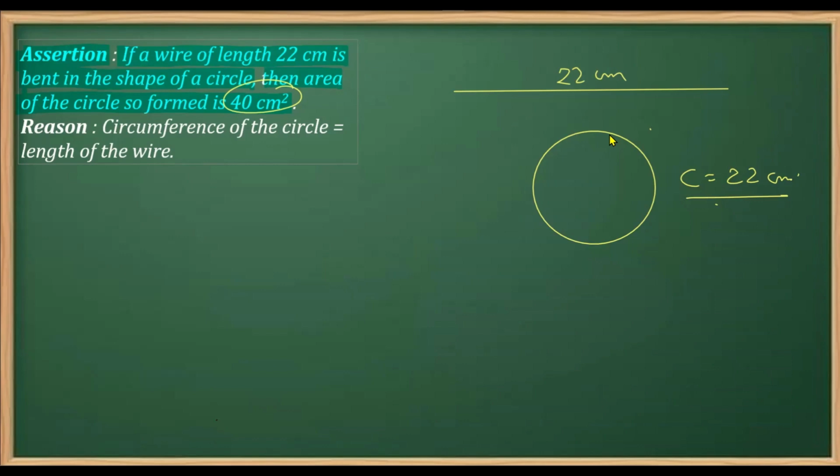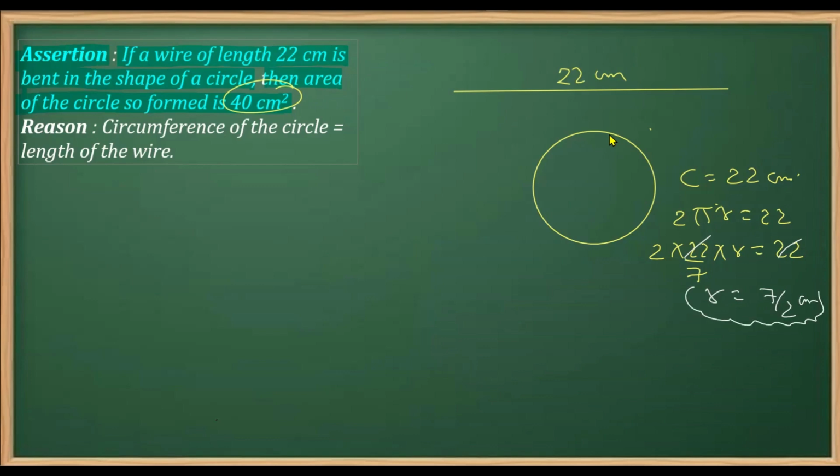Circumference is 2 pi r, so I can replace this C with 2 pi r. So 2 pi r is equal to 22. Pi I'm replacing with 22 over 7. This 22 gets cancelled, and on transposing these numbers to the other side, r comes as 7 over 2 centimeter.